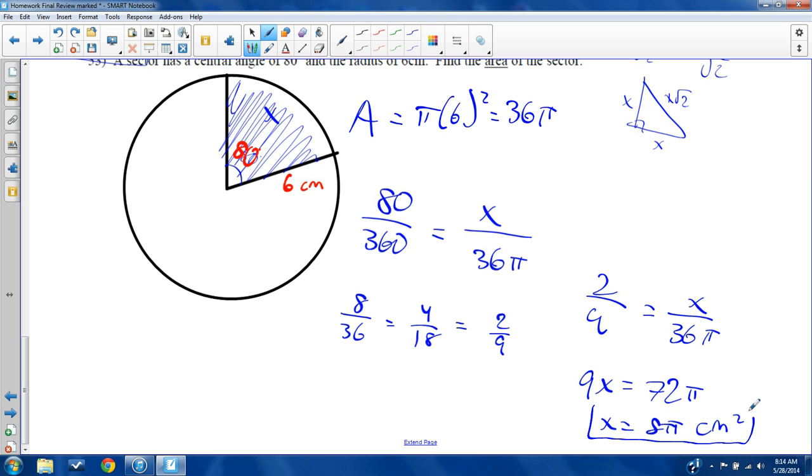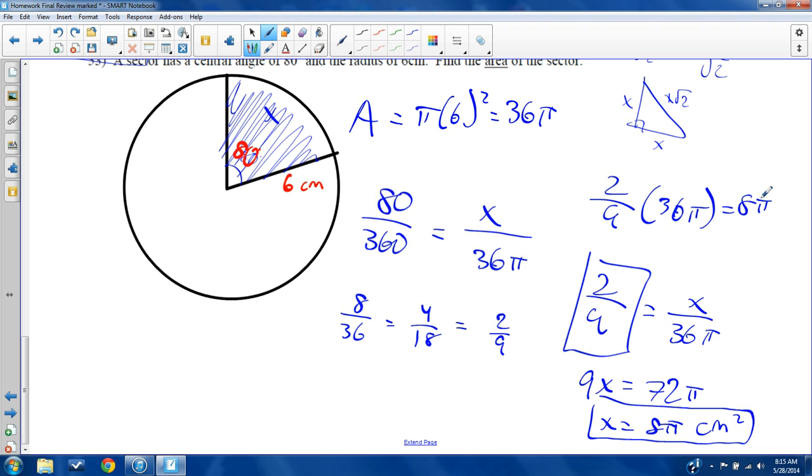So the area of that sector here is 8 pi square centimeters. That's 8 pi out of a total of 36 pi. That's the same as 80 over 360. It's basically 2/9 of the area of the circle. 2/9 of 36 pi equals 8 pi.